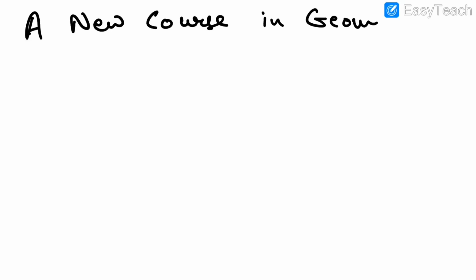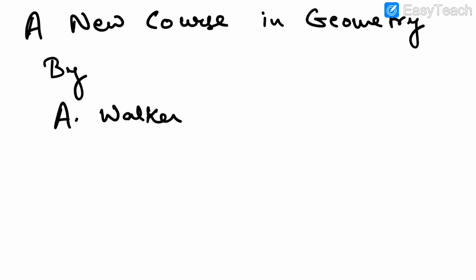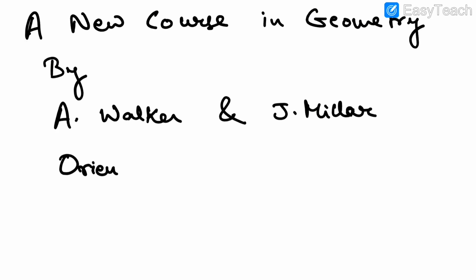Generally whatever we have solved, I'll give you the name of the book. The name of the book is A New Course in Geometry by Walker and J. Miller. This was studied throughout. Its publication is Orient Longman.